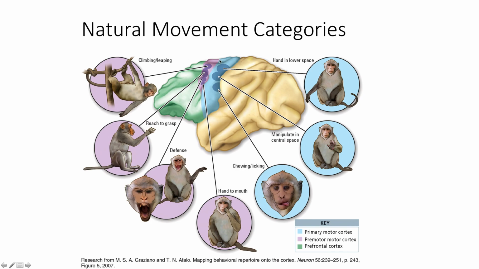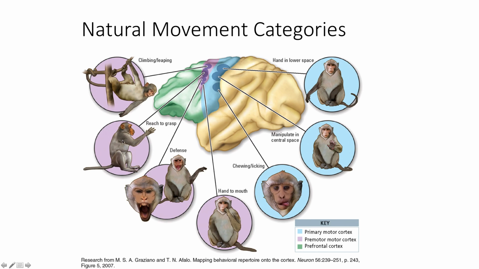However, when they stimulated the premotor cortex, it evoked more complex movements. Examples of more complex movements they saw are a defense mechanism, where all the facial muscles need to be moved, and hands, sometimes legs are moved, or climbing and leaping postures. So they would jump up and down or grasp onto something they could hold on to.